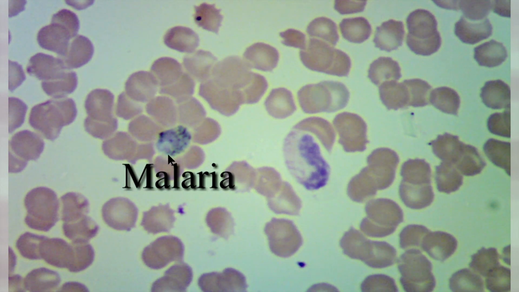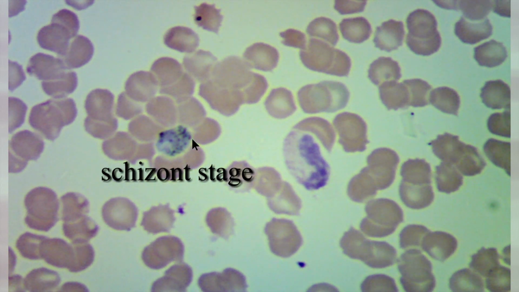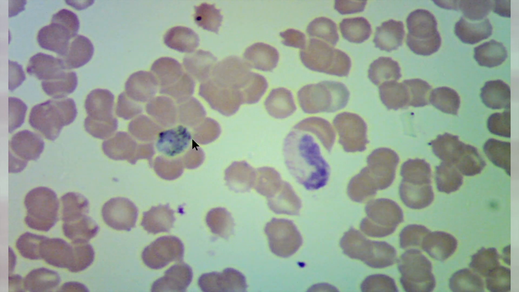This is malaria. This is Plasmodium malaria at the schizont stage. Malaria is a parasite that is transmitted by a female Anopheles mosquito. More than 3 billion people on Earth today live in areas in which malaria is endemic.